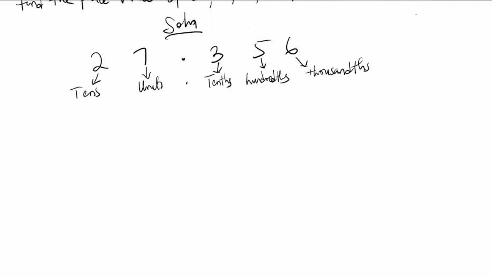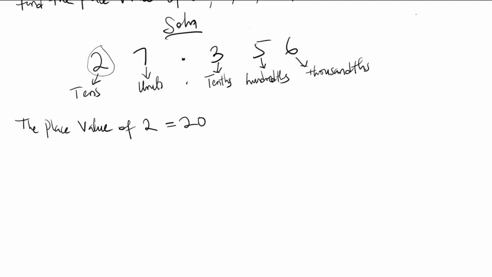So from what we've done above, the place value of 2 is 20. Remember, you put this 2 down, and every other thing after 2 becomes 0. So 7 becomes 0.